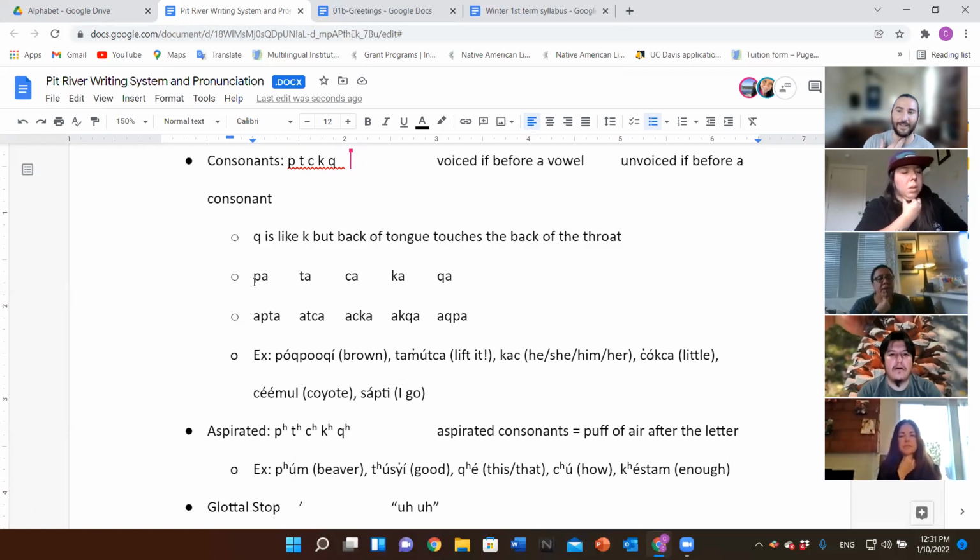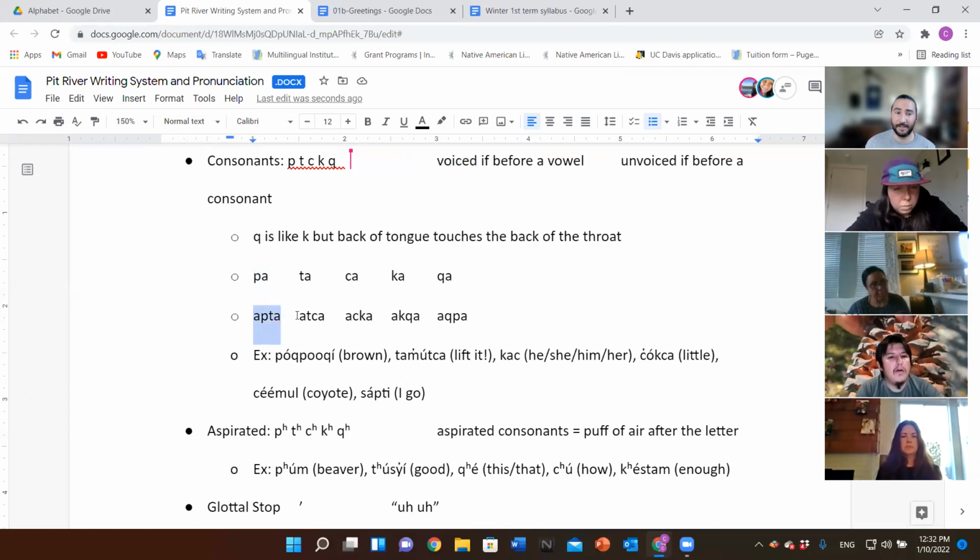And Ga. Did you feel your throat vibrate? A little bit. So that means it's voiced. If your throat vibrates when you make that sound, that means it's voiced because your vocal cords are moving. So it's voiced if it's before a vowel.